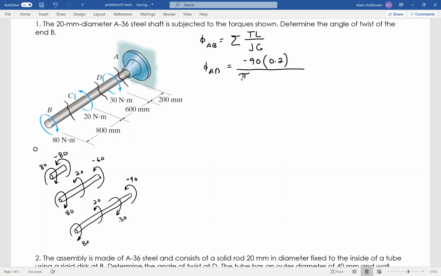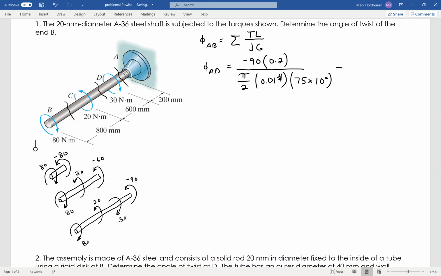That's pi over 2 times the radius to the fourth, where the radius is 10 millimeters because the diameter is 20 millimeters. And then G, the modulus of rigidity for steel, is 75 gigapascals, so it'll be 75 times 10 to the 9th.